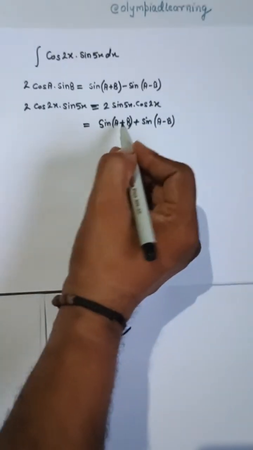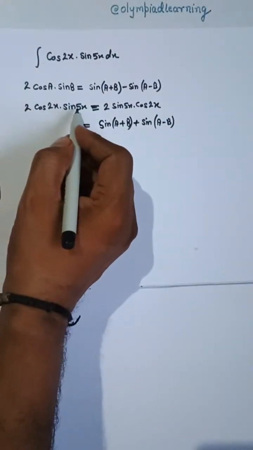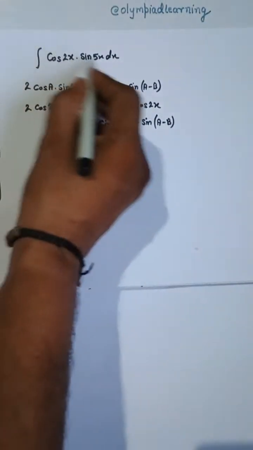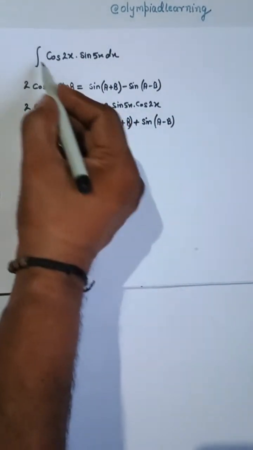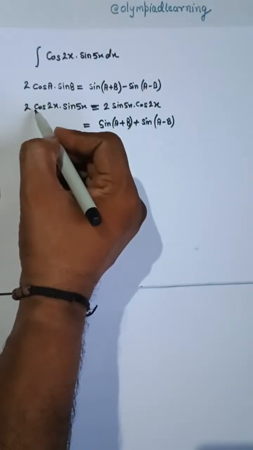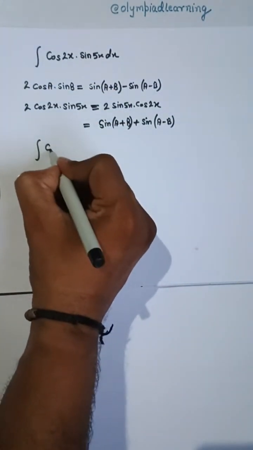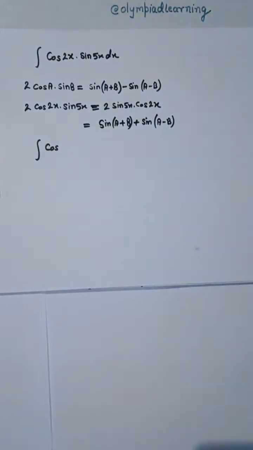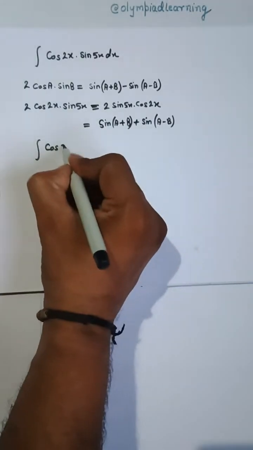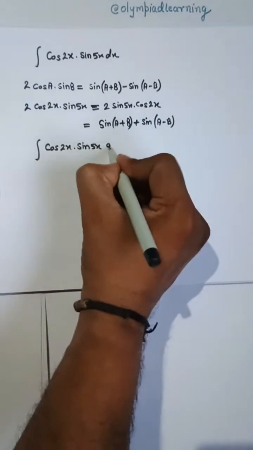Here sine(A plus B) plus sine(A minus B) is equal to 2 cos 2x sine 5x. This formula is going to be used over here. You can see 2 is not here in the integral, and in my formula 2 is there. So I need to do one thing: integration of cos 2x sine 5x dx.